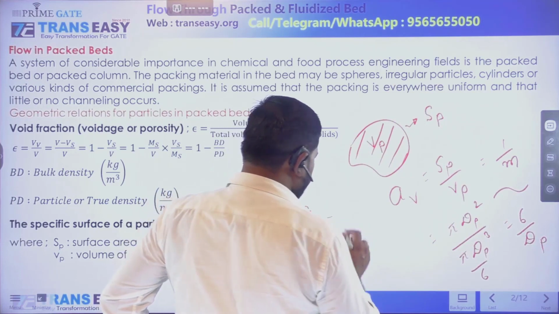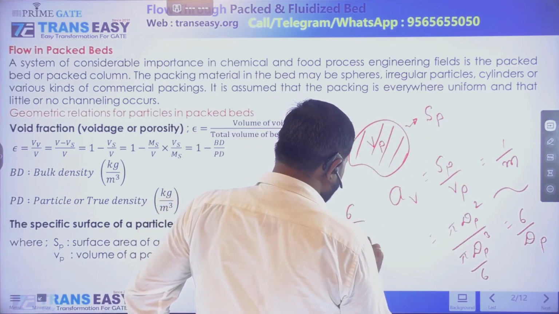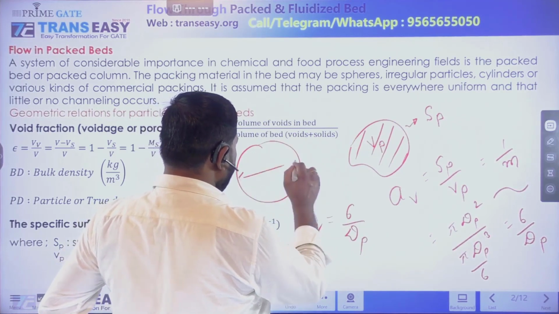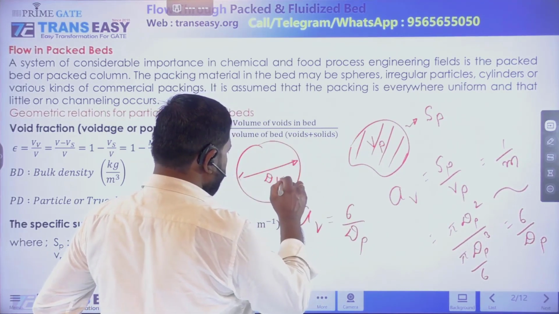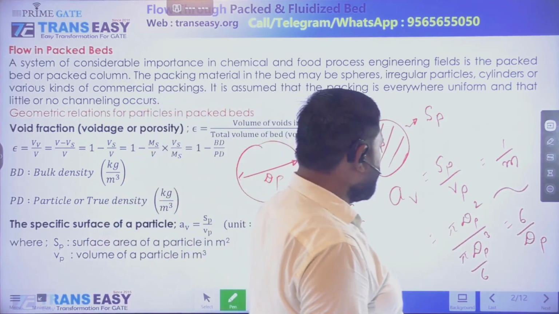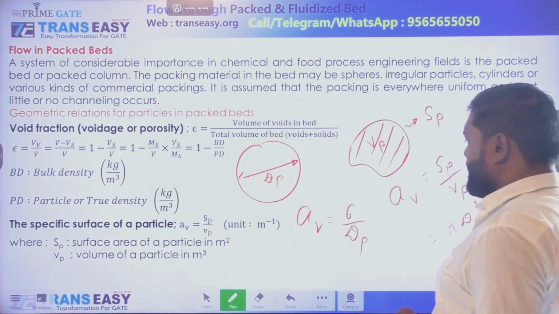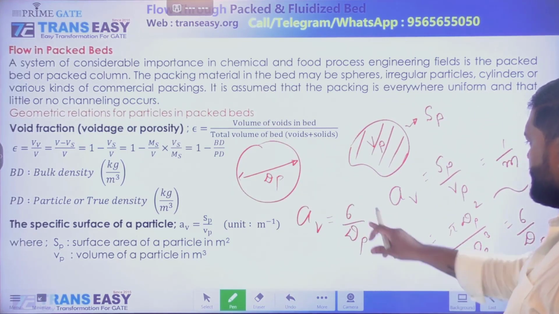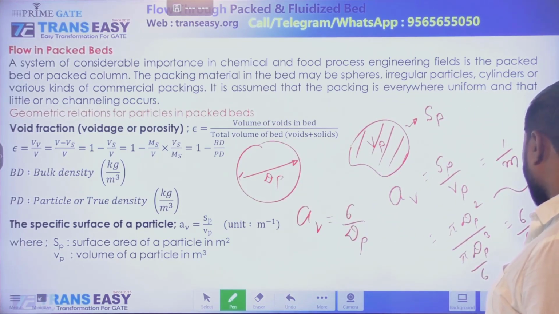AV is equal to 6 upon dp, where dp is the diameter of a spherical particle. This comes from the fundamental definition of specific surface, Sp upon Vp, giving 6 upon dp.